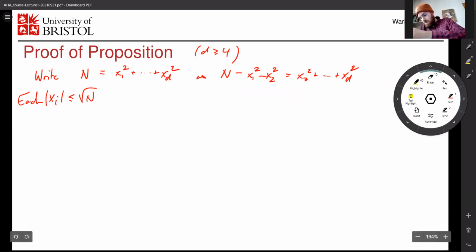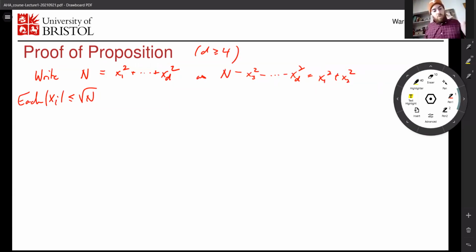I need to erase, wrong partitioning. Great, yes. So we'll write this as n minus x3 squared minus dot dot dot minus xd squared equals x1 squared plus x2 squared, where each xi is bounded in absolute value by at most the square root of n.